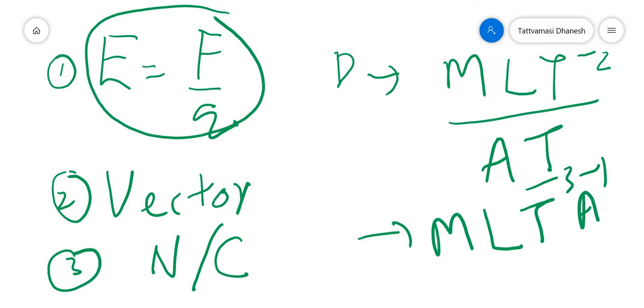Now the next topic we are going to cover is the intensity of electric field due to a point charge. It's a very simple, small derivation.